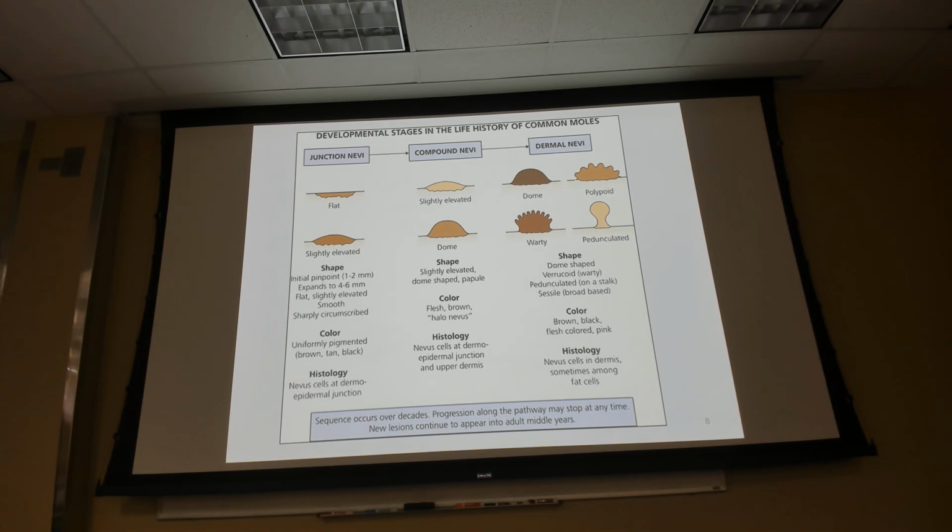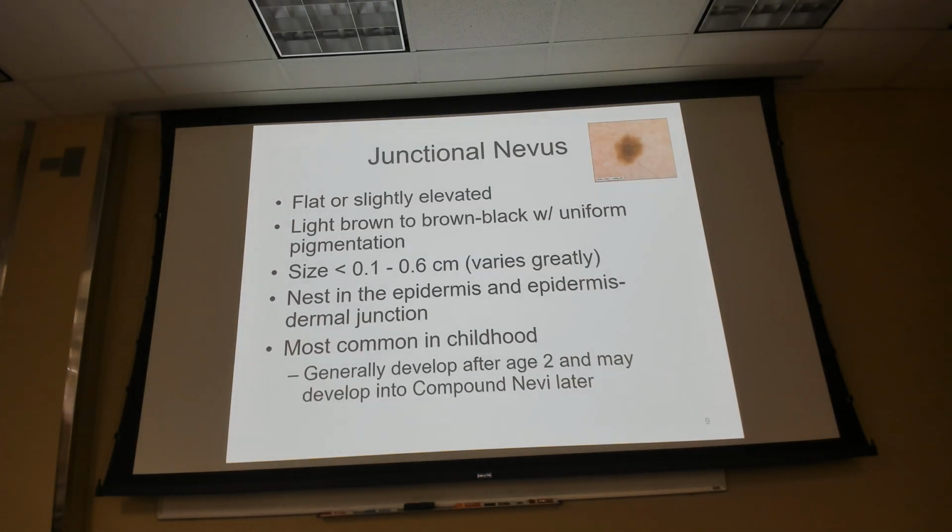Junctional is flat, it could be a little bit of an elevation, whereas compound gets more up into a dome, and then dermal is pedunculated, polypoid, and warty is how it looks. So let's break them all down individually.